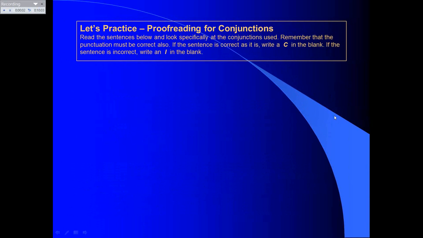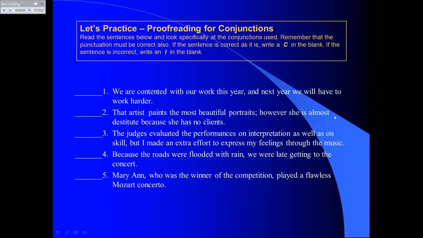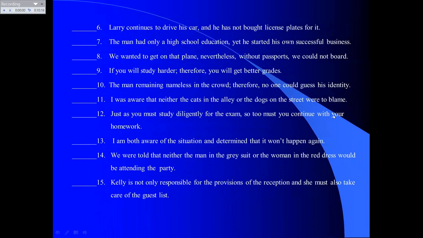All right, so now we're going to have some practice for this. What you're going to do is look at the sentence and determine whether it's correct or incorrect. And just for yourselves, if it's incorrect, you probably should write down how to fix it. There are 2 pages of this.